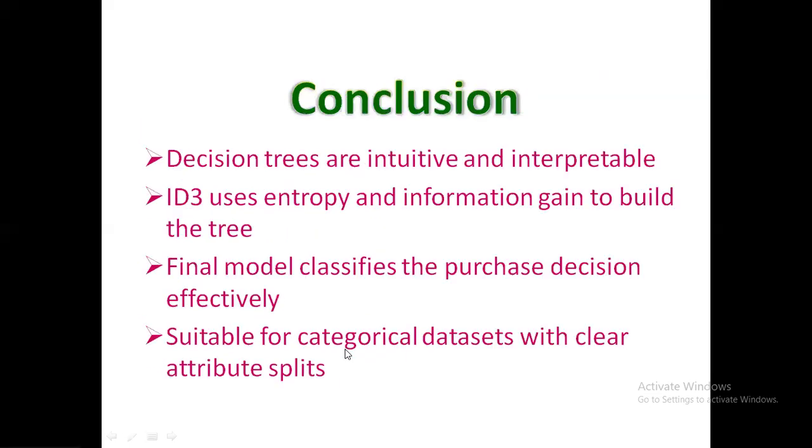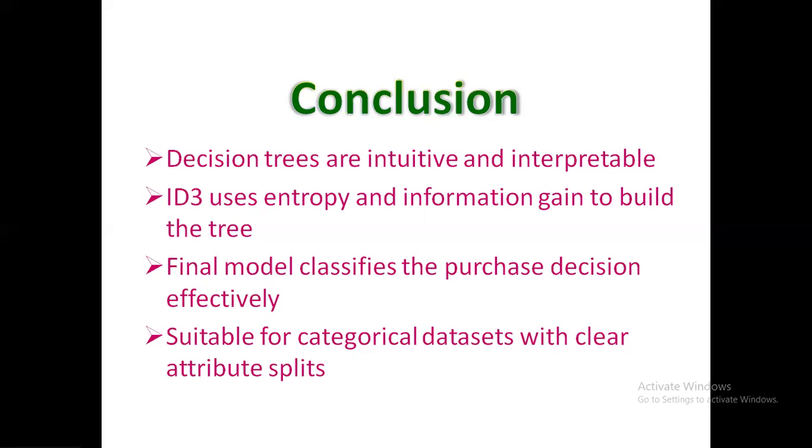And coming to the conclusion, the ID3 algorithm uses entropy and information gain. The ID3 algorithm efficiently constructs a decision tree by evaluating the uncertainty in the data set and strategically choosing attributes that maximize the information gain. This approach builds a tree that models decision-making processes accurately.